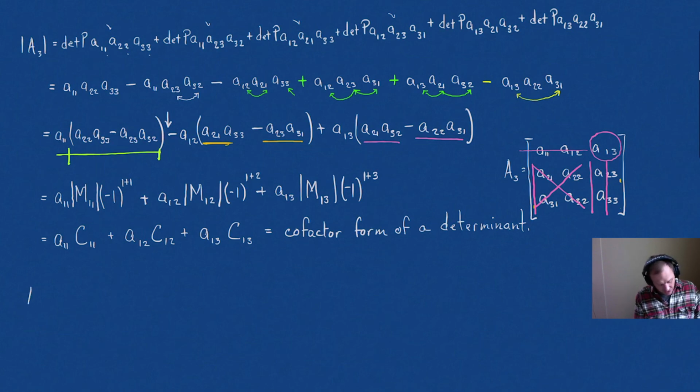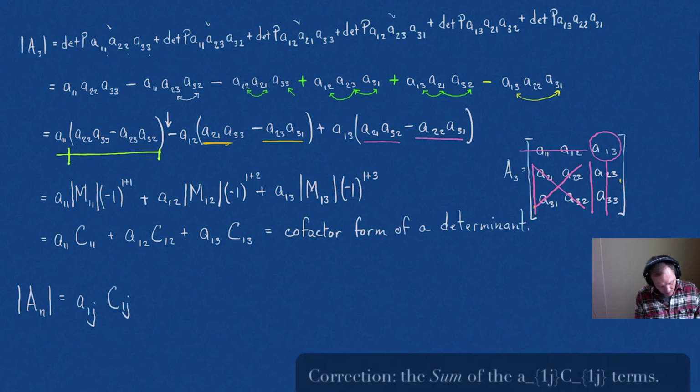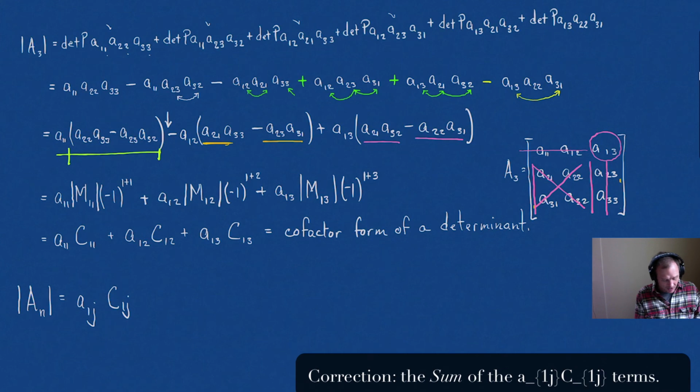And in general, if you were working this for A sub n, the determinant of A sub n would be the sum of A1j times the cofactor component C1j for j from 1 to n.